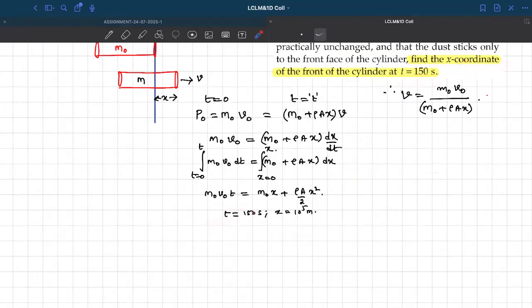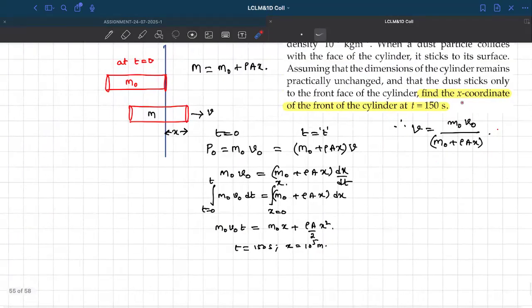Put t is equal to 150 here and substitute, you will get x as 10 power 5. In fact, at any instant, the velocity of the cylinder is a function of x given by m naught v naught by m naught plus rho a x. A very, very important model. Boys, any doubt on this? Sure? Right.